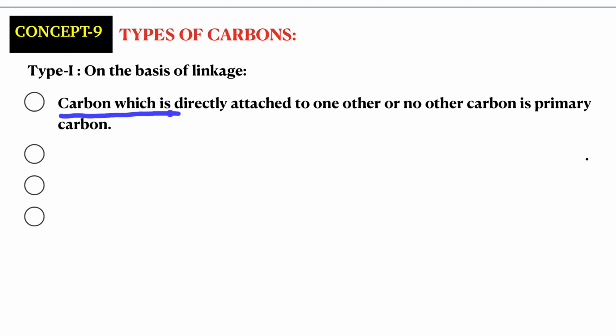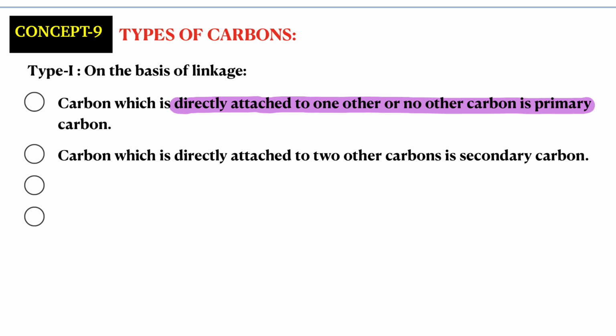A carbon which is directly attached to one other carbon or no other carbon is a primary carbon. Similarly, carbon which is directly attached to two other carbons is a secondary carbon, also known as a 2 degree carbon.